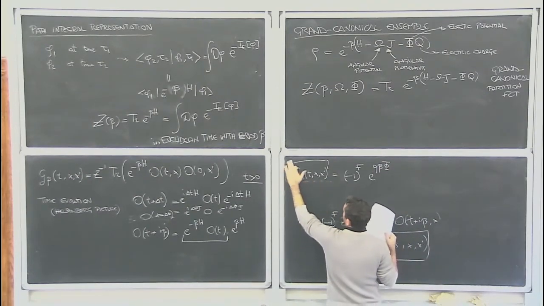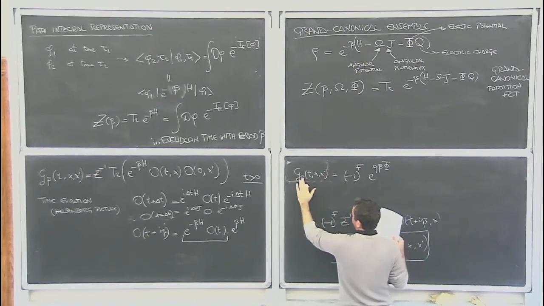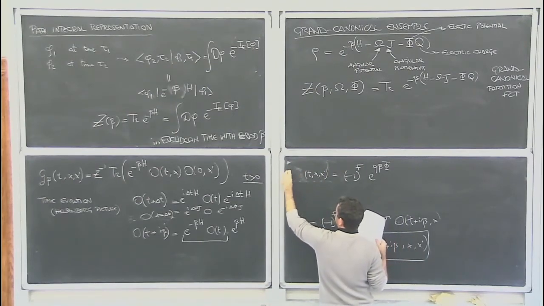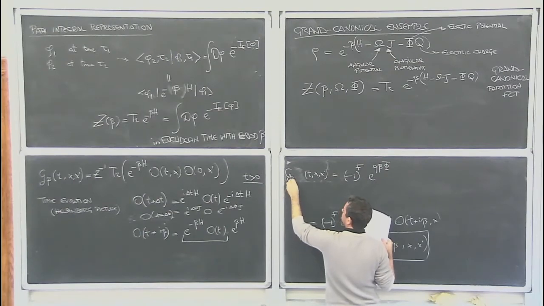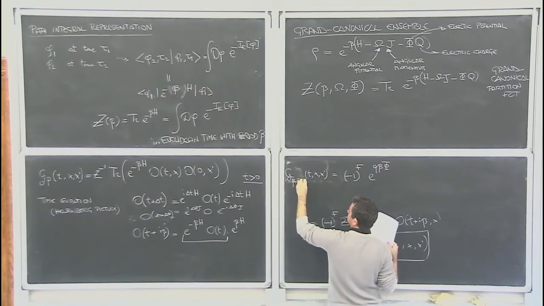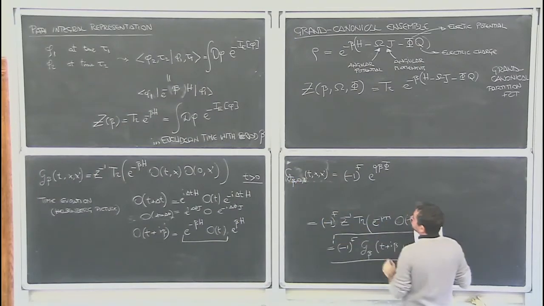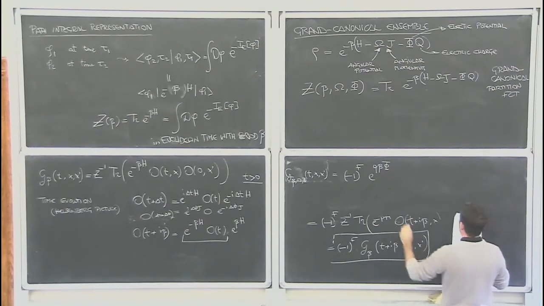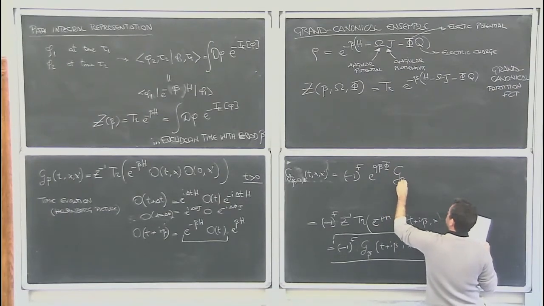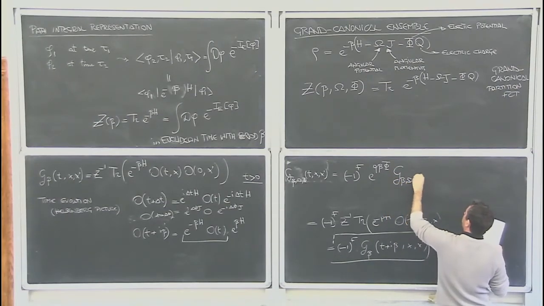Now this is no more the thermal Green function. It's always thermal, but it also depends on the other angular momentum, the other chemical potentials, sorry. So beta, omega, and phi. G of beta, omega, and phi.